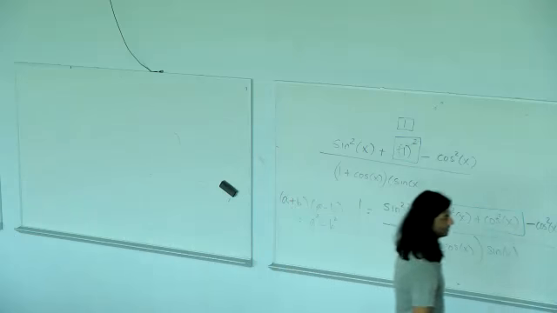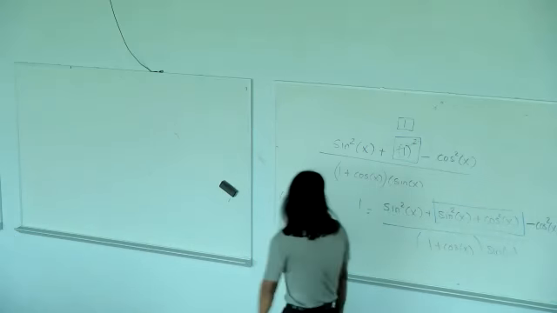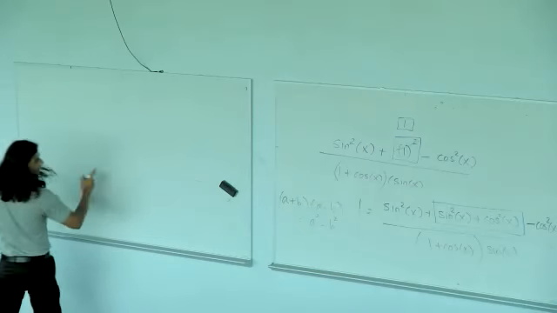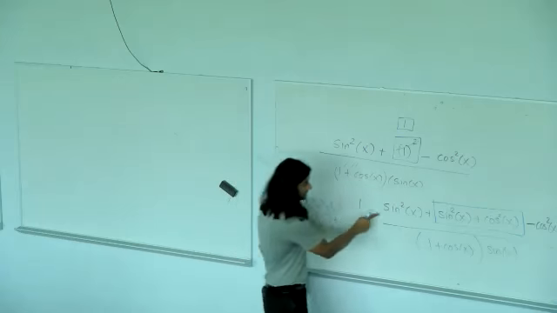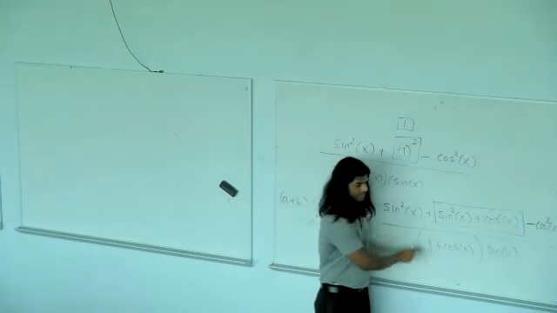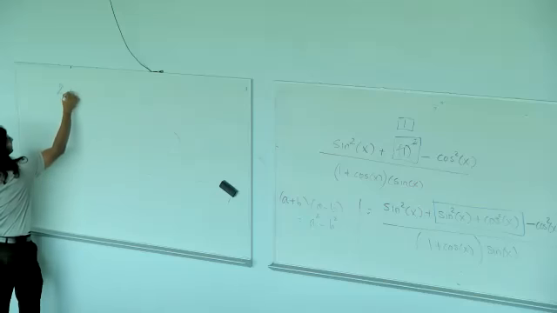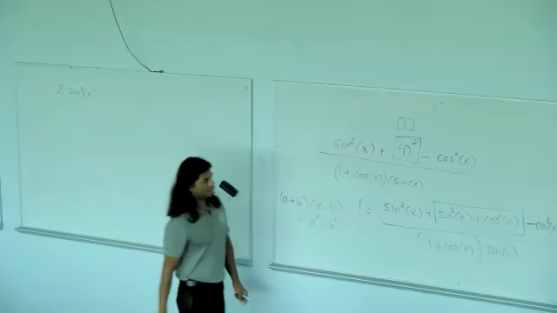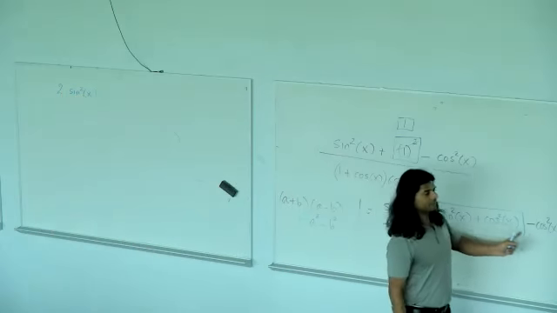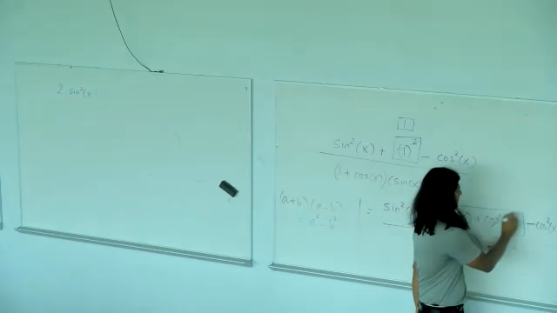Well, doesn't look like it. Numerator, I have sine squared x plus sine squared x, 2 sine squared x. Cosine squared x minus cosine squared x will get cancelled.